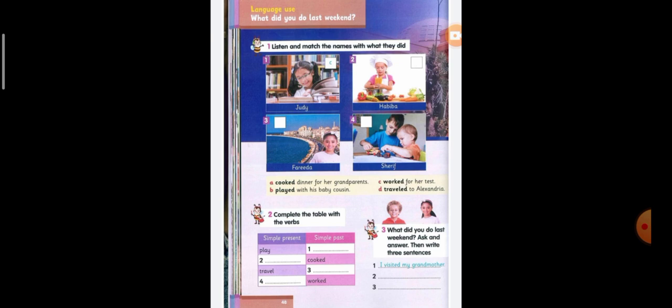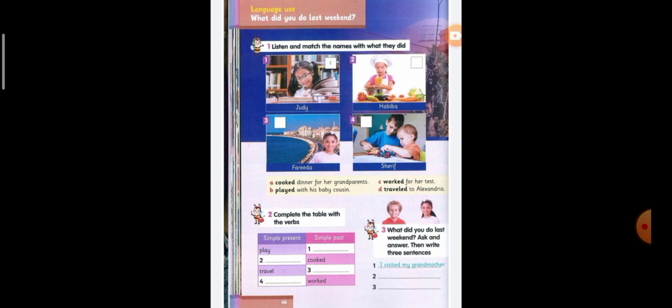Number two, complete the table with the verbs. We have simple verbs. We have the present and we want to put it in the past. Number one, play. Play in the past simple will be played. We will put ed.